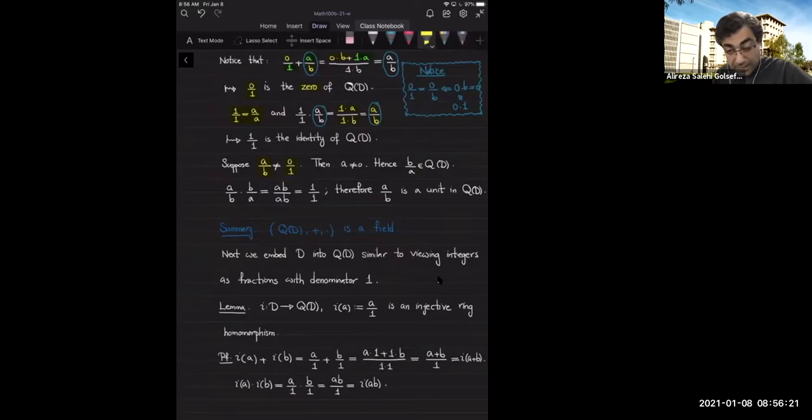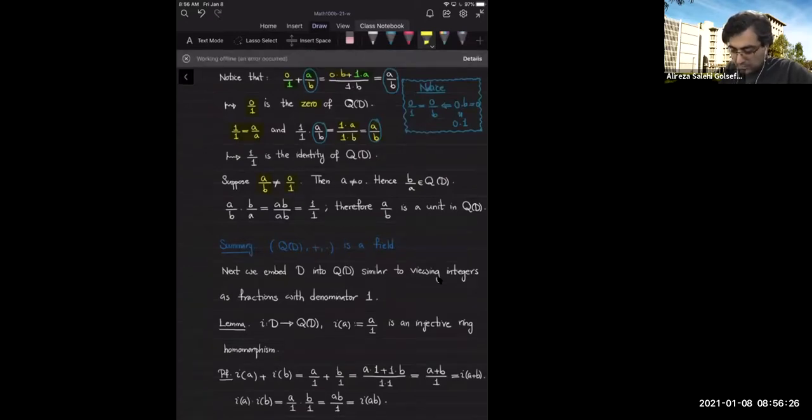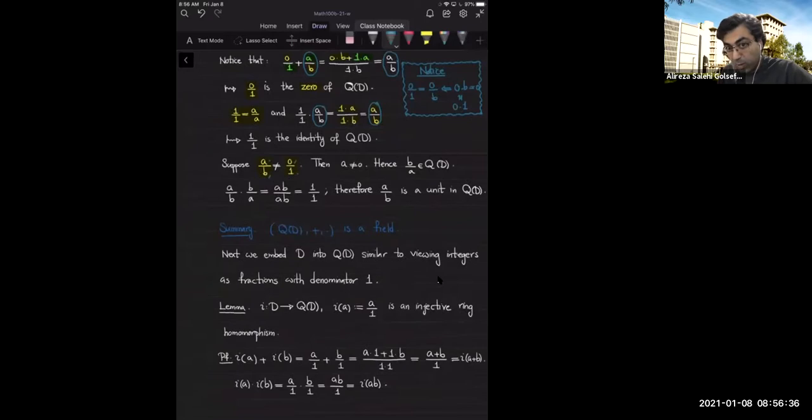Now, because a over b is not the same as 0 over 1, this means what? This means that when I multiply a by 1, it's not the same as multiplying b by 0, but b times 0 is 0, and a times 1 is a. So this means that we do know the numerator is not 0.